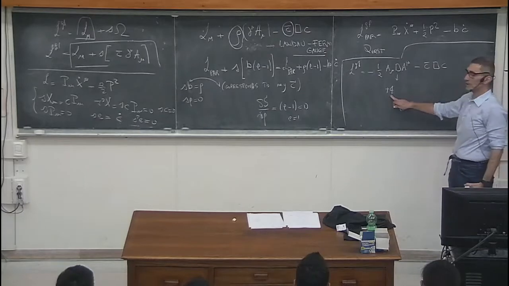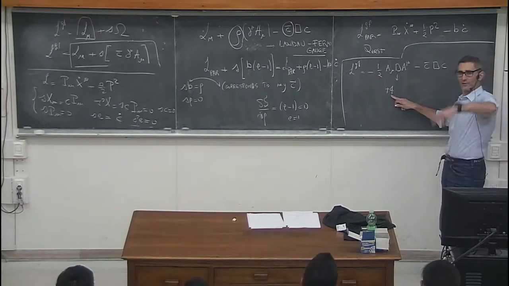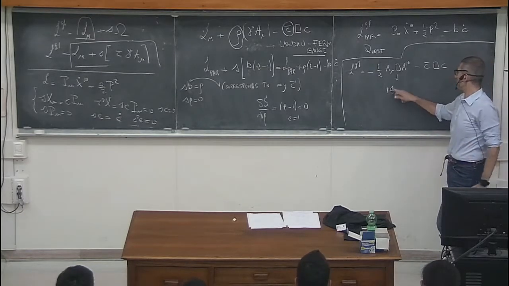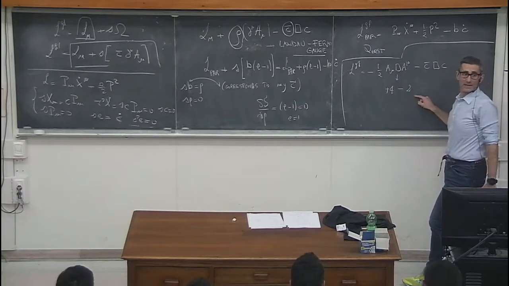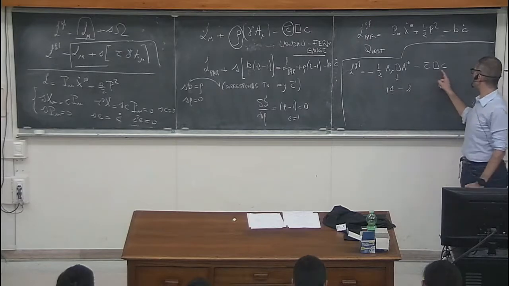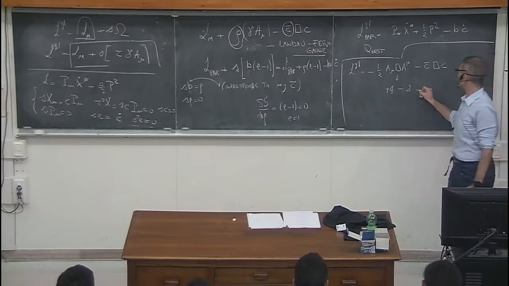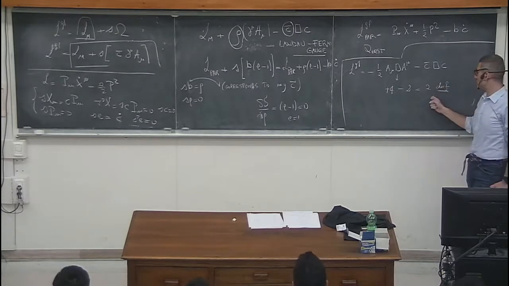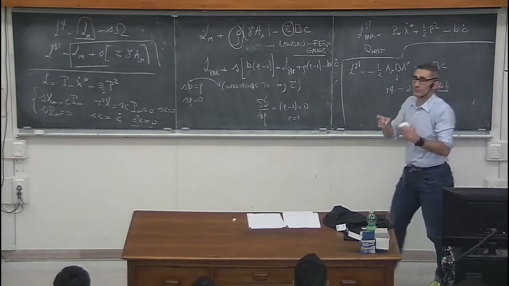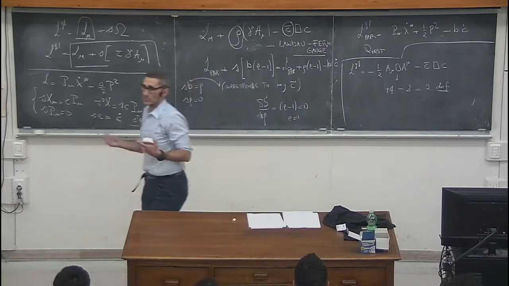I'm just counting 4 as this infinite tower of modes for each component of the gauge field, minus 2, which are exactly the 2 fields, because there are 2 Gauss fields, C and C bar. This gives you 2 degrees of freedom, which is just the 2 degrees of freedom of the polarization of the photon, which matches.